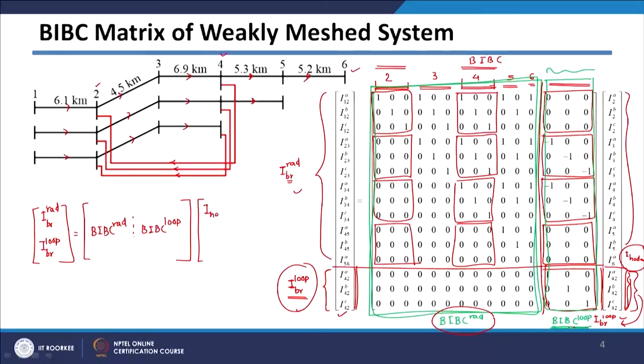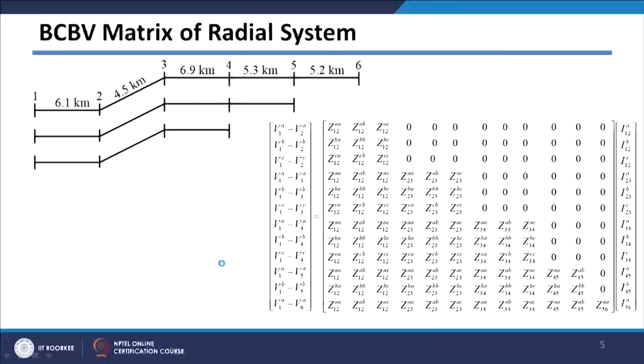So, it will be I node here, and this part is again branch loop. So, this particular BIBC matrix I can write it like this here. So, for doing the short circuit analysis, I will directly use this matrix here. And if you see the BCBV matrix of radial system, we already seen the matrix will be something like this.